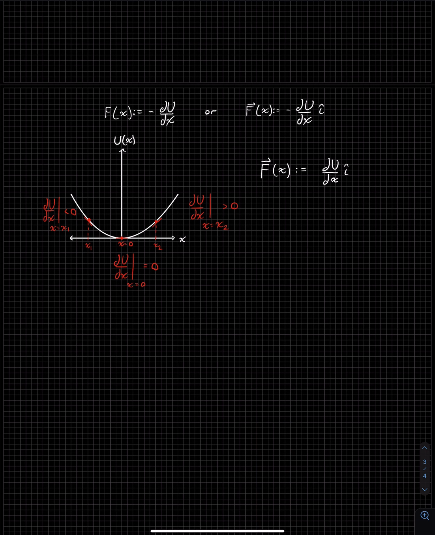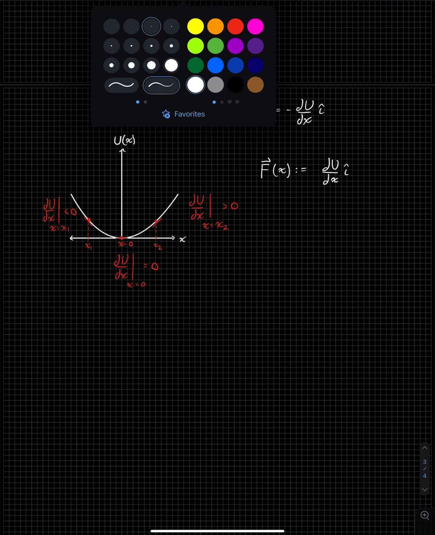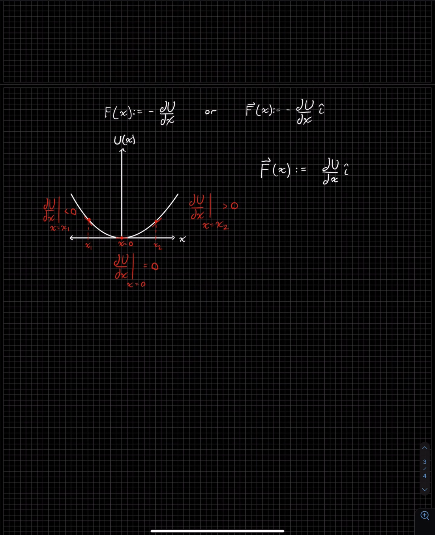So what does that mean? We just saw that in this region over here, the derivative is positive. So coming over here, we would have a vector pointing to the right. Why? Because du dx itself would be positive. So we're going to get a force which points to the right.